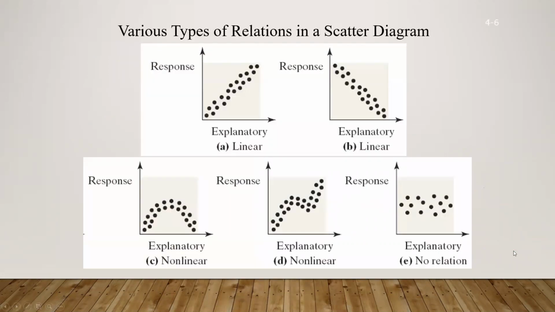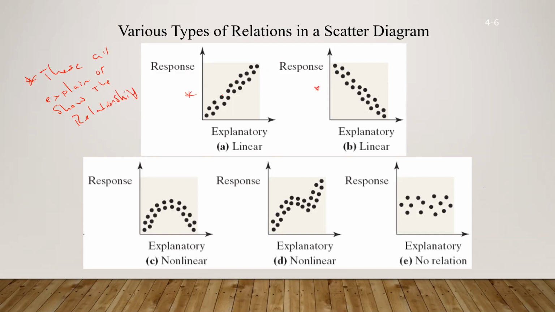So these scatter plots, these scatter diagrams, no matter what they look like, they do explain or show the relationship, okay? The two that we will most likely work with in this section are this type and this type.